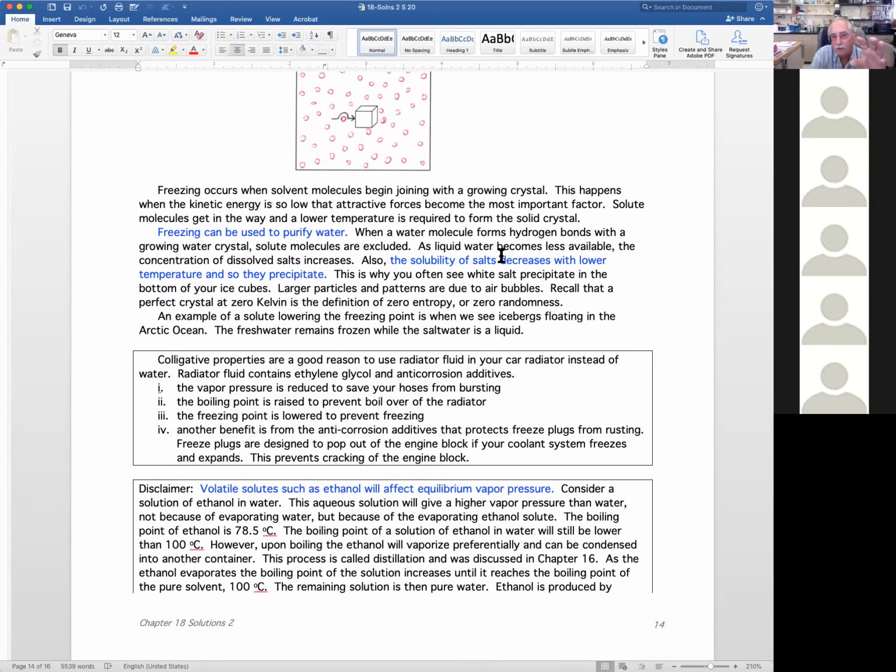Those are all the salts and stuff that was dissolved in the water. So when you start lowering the temperature, the solubility of those salts decreases, so they start to precipitate. Then as you're forming water crystals, it's excluding the solute particles.